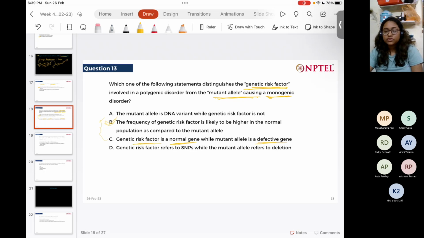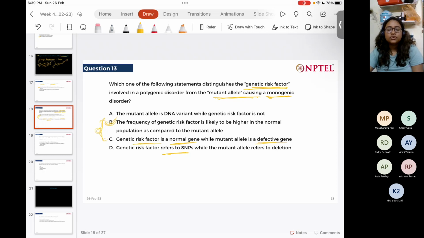And this only refers to SNPs, and this only refers to deletions. Yes, it refers to SNPs, but a mutant allele doesn't have to be only because of a deletion event. It can happen due to other mutational events as well, right? Which you're all familiar with. So between B and C, there is a bit of confusion. But the correct option is B for this because of the frequency thing.